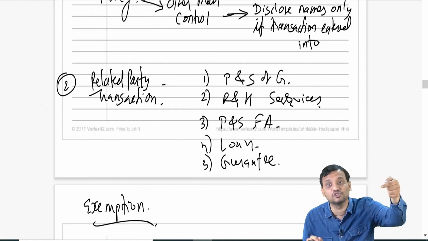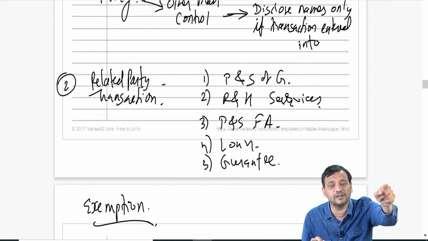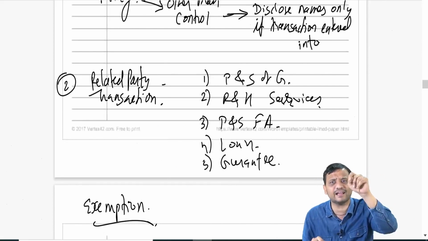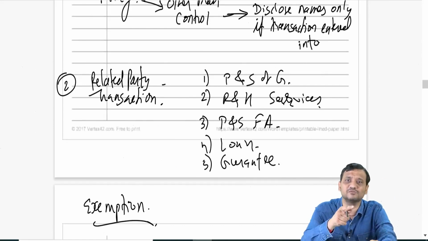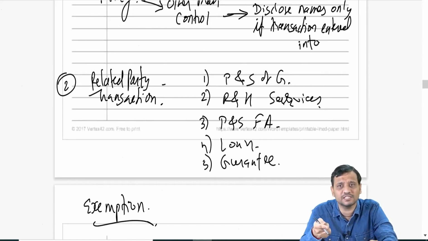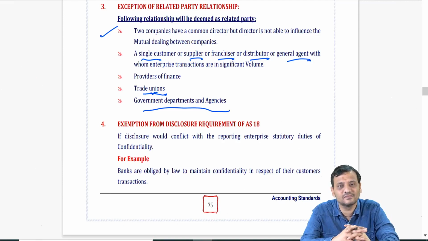Because if bankers give the information that this person has taken a loan from us, then it will contradict with the confidentiality requirement given under Banking Regulation Act. So, bank people will say, oh, this is my related party, we have entered into transaction with them, but we will not disclose because disclosure will lead to breach of confidentiality. Same way, transactions between state managed entities.